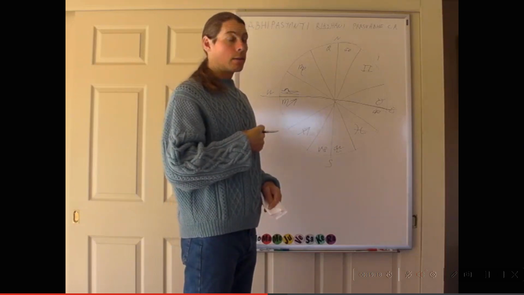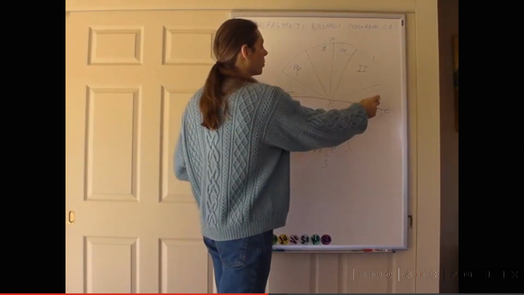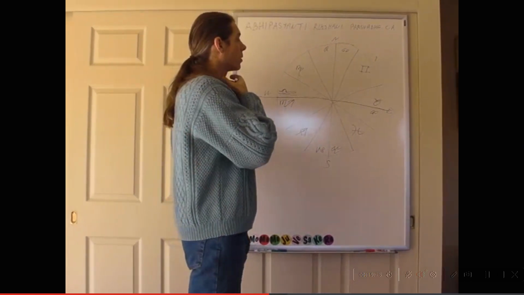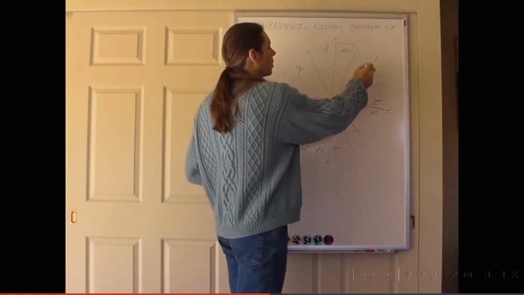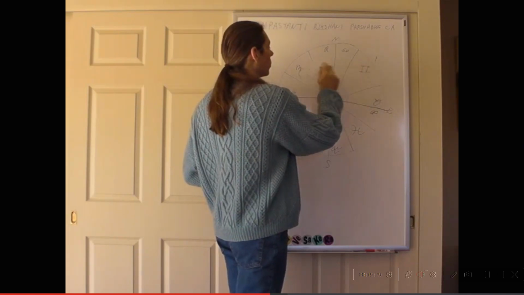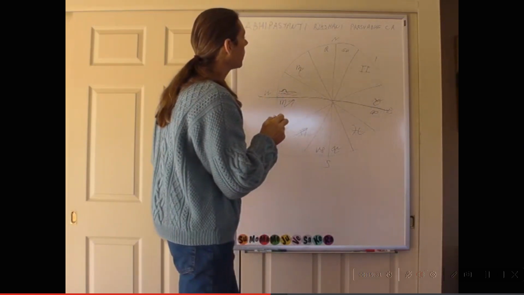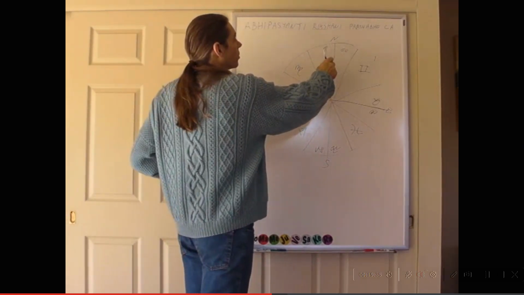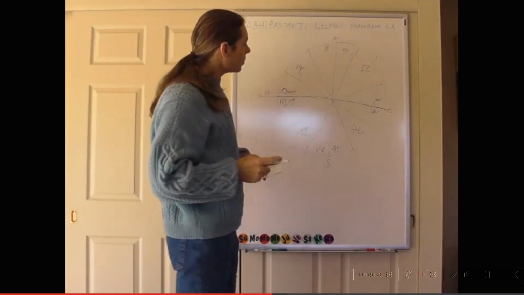We move above the midline, and we get to the heart chakra ruled by Venus, and that's the domain of air. Move up higher, we get to the throat chakra, which is the domain of ether, and those signs are ruled by Mercury. Okay? Then we move up here to the third eye chakra, ruled by the sun and moon.